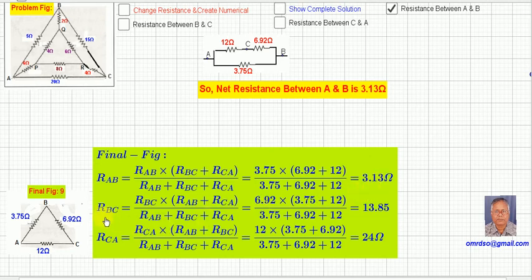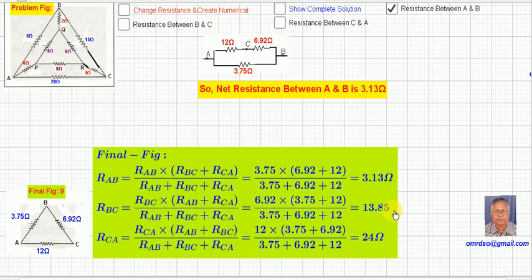The same way you can get the resistance between BC. For the resistance between BC, again you see RAB and RCA are in series, along with RBC in parallel. The same formula R1 into R2 upon R1 plus R2 I have used here and got this result. So this way you can get the net resistance.